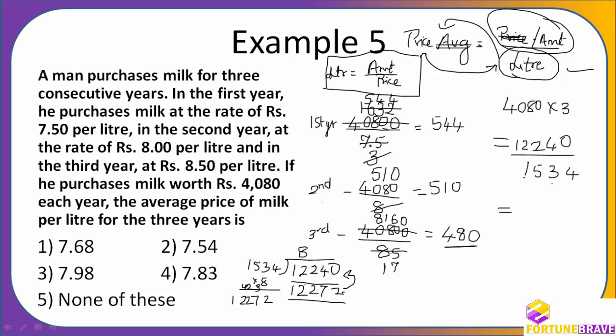Only 32 more, something like 0.02 more. 0.02 less means 7.98 should be the answer. When I say that 7.98 should be the answer, you need to do a lot of calculations in your mind, and then you should be able to understand these things. Once you are practicing, by this time you might have got that kind of understanding as well.